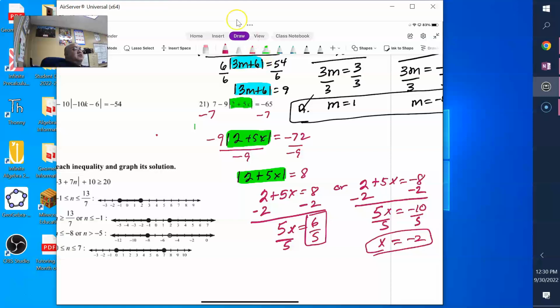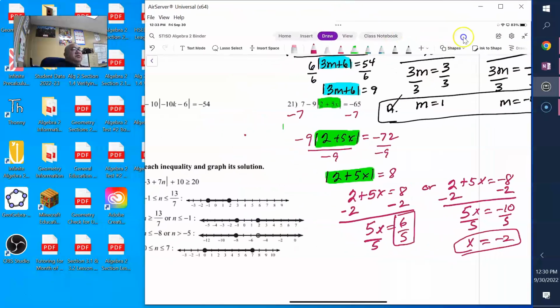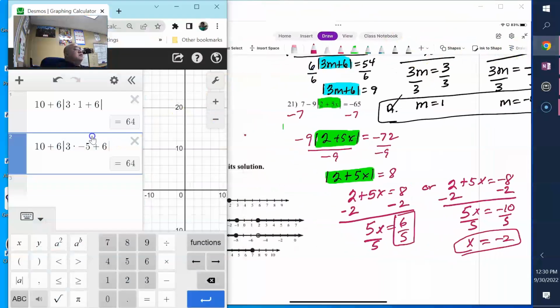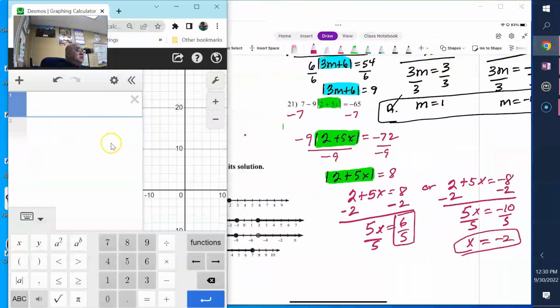So once again, we're going to check our answer using Desmos. So we have the original one. We have 7 plus absolute value, oh, I missed the 9, right? Minus 9, absolute value 2 plus 5 times, in this case it is 6/5.